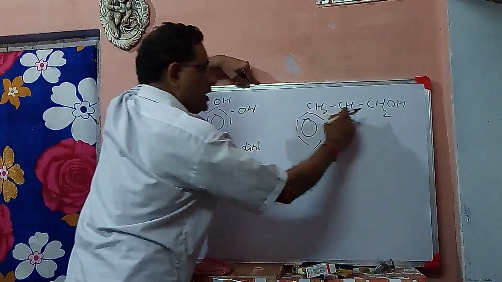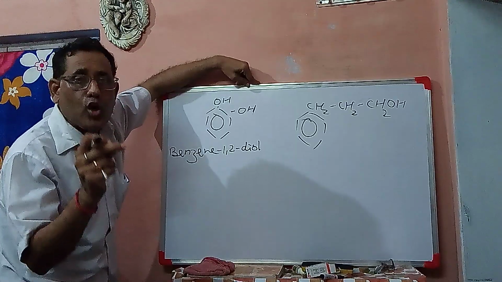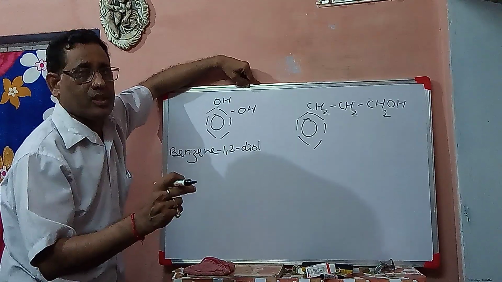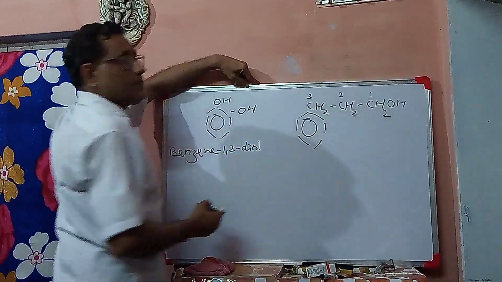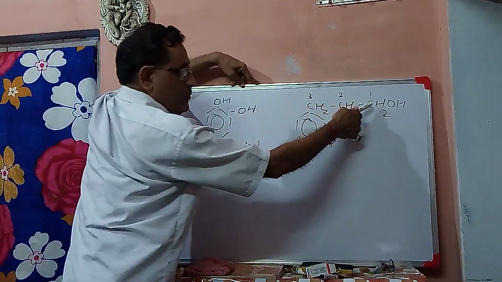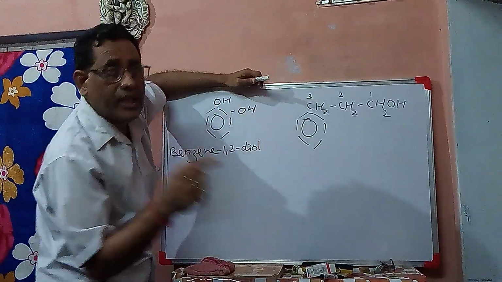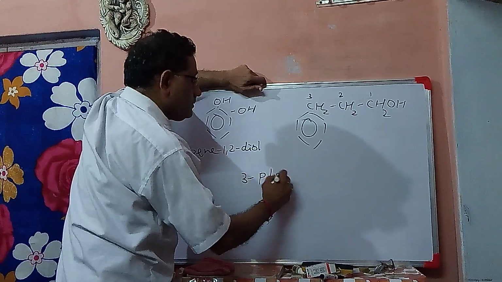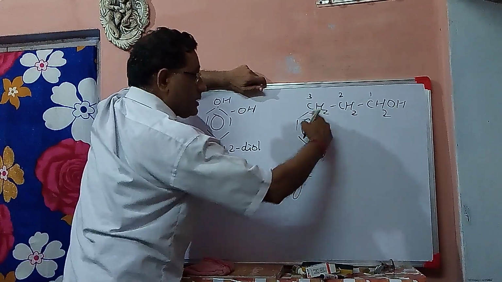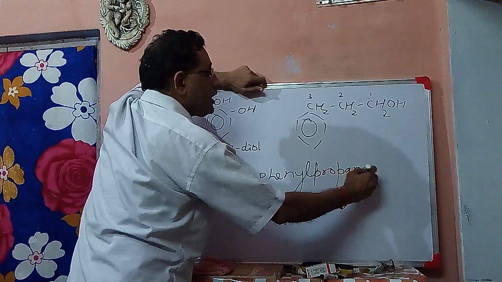Why? उसका रीजन क्या है? फंक्शनल ग्रुप को हमेशा लोवेस्ट नंबर अलाउ करना चाहिए. So you take this as the carbon chain on which, on the first carbon, OH group is attached, on the third carbon a phenyl group is present. So what will be the name? 3-phenyl, and there are 3 carbon atoms, so their name will be propanol.